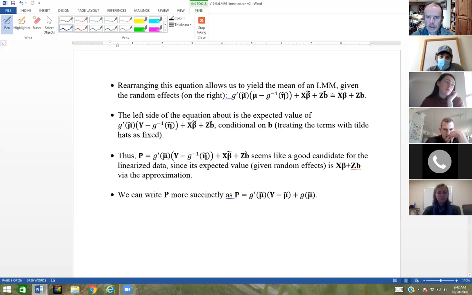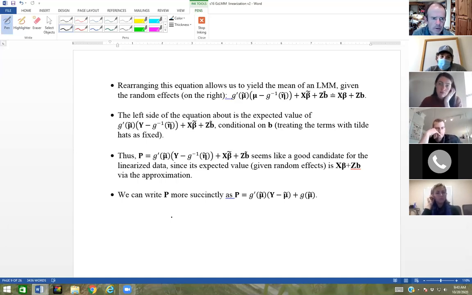Okay, so G is our link function for our generalized linear mixed model. Eta is the linear predictor. Mu is the mean of Y given the random effects. And so for a particular type of outcome, we can express what that would be.